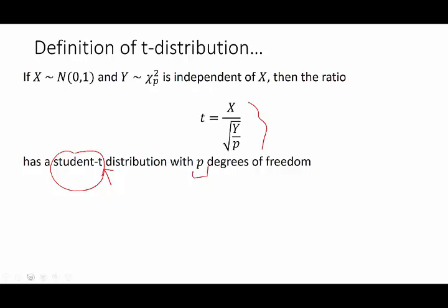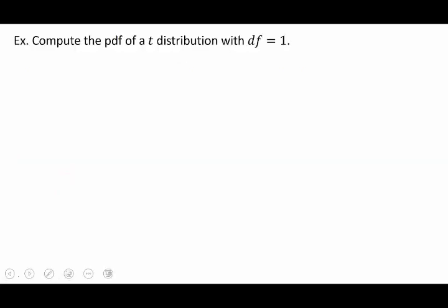Now, the generic form of the PDF of a t-distribution is actually simpler than you'd think. However, I'm going to just stick to deriving it in the case where the degrees of freedom is 1. So in that situation, we are looking at a ratio of two random variables. Our standard normal, which has density function e to the negative x squared over 2 times 1 over square root of 2 pi.